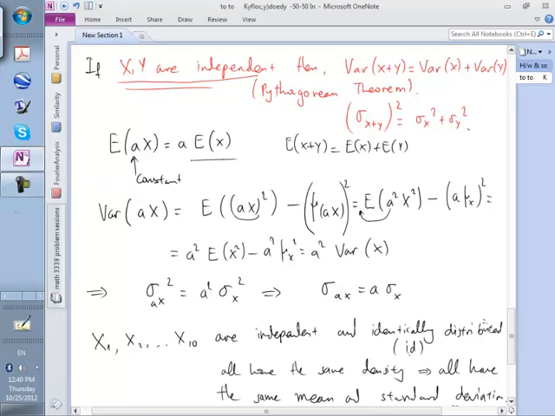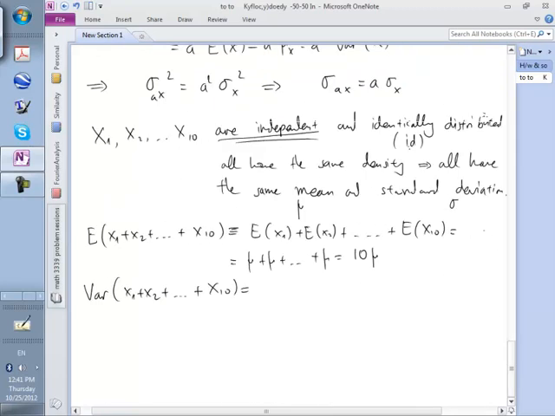Correct? But here I gave you the independence. They are independent from one another. So therefore the variance of the sum is the sum of the variances. Likewise, all of them have standard deviation sigma. So what is their variance? Sigma squared. So the sum has variance 10 times sigma squared.